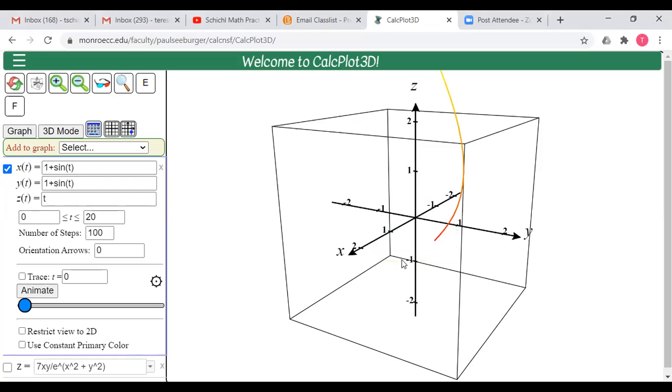All right, so see here, that's what you get: the space curve. Right now my z only goes to 2, so you can change the coordinates to show the whole graph here, right?